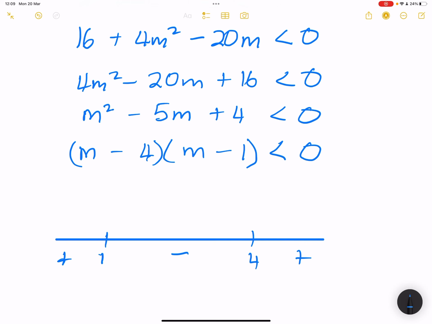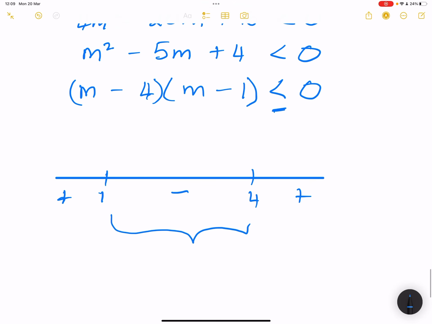So when is this expression less than 0? It will be less than 0 for these values here. So we know our solution, therefore, is m must be an element of between 1, which is not included, and 4, which is not included.